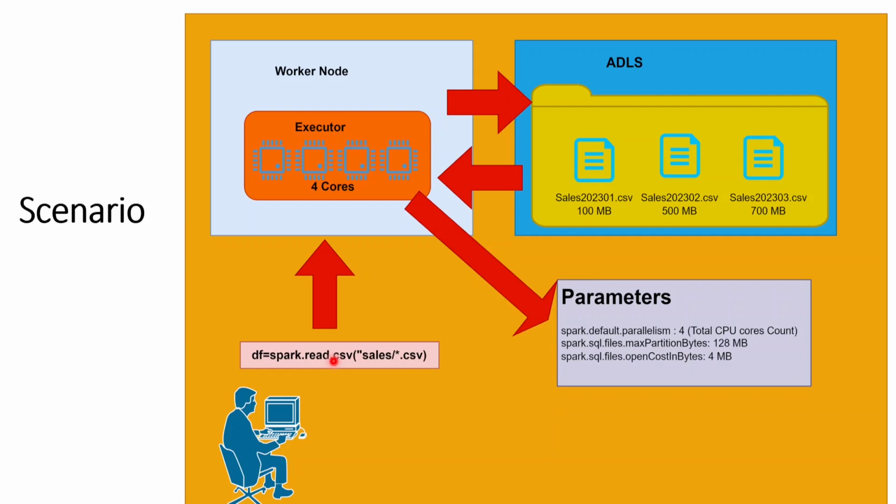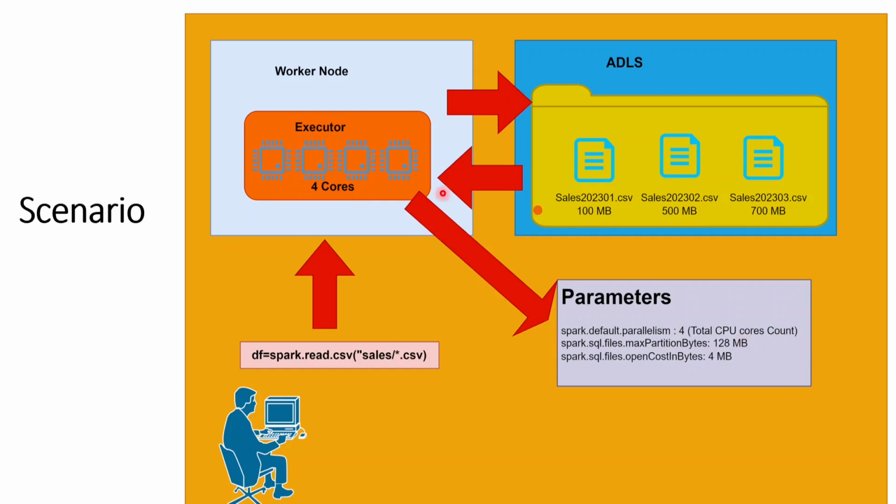Whenever this code is given to the cluster, the driver is responsible for optimizing, and it will create multiple tasks, and the tasks will be submitted to executors. Let us assume in this case we have an executor with 4 cores. And let us go with the default parameters. We are not customizing any of the Spark parameters. So the default parallelism is 4, because we have only 4 cores. By default, the parallelism would be the total CPU core count.